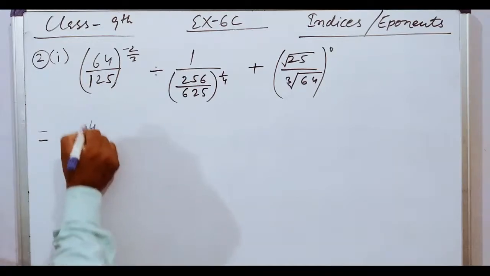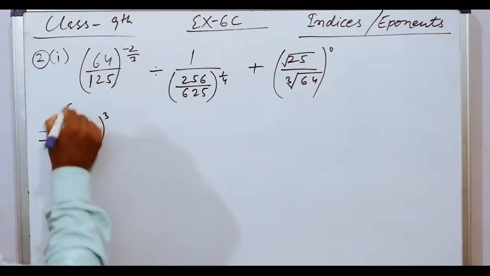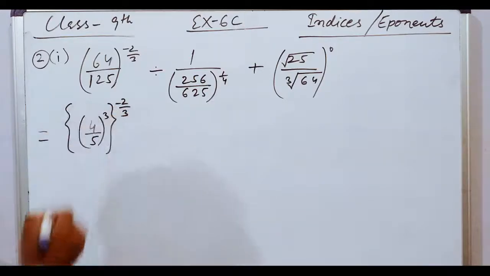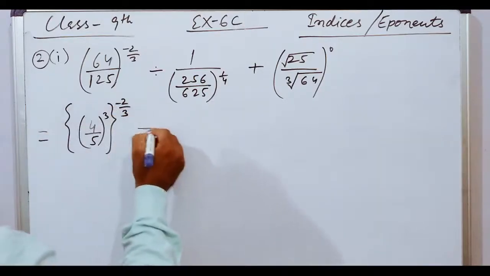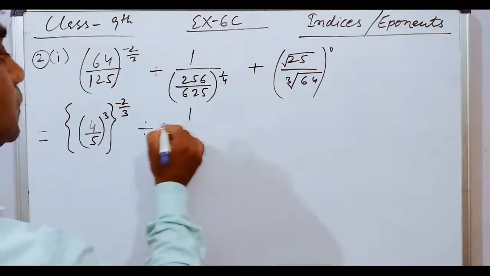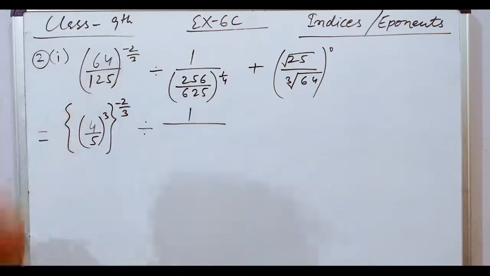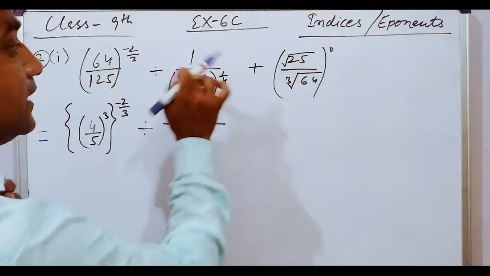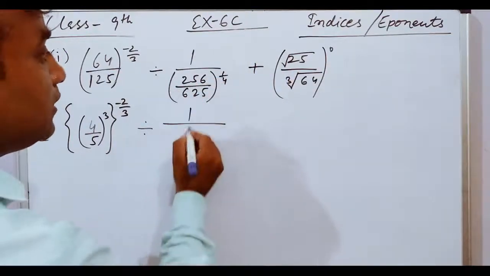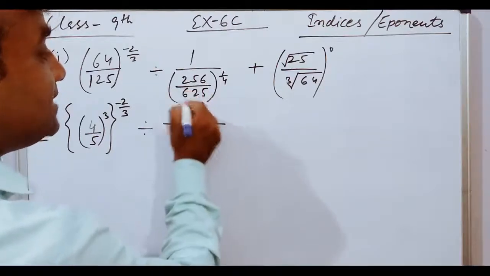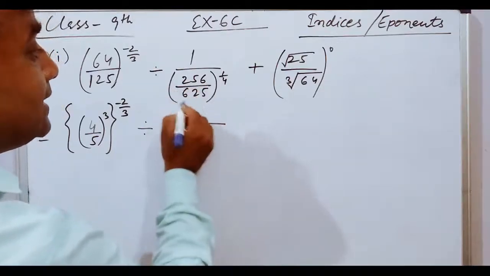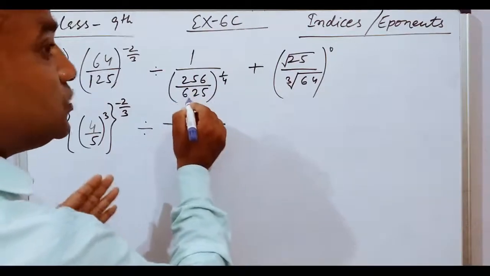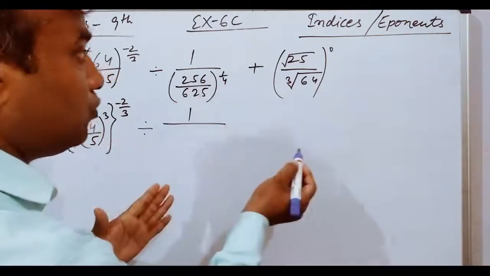So, we can write this as 4 upon 5 whole power 3 to the power minus 2 upon 3. Now, it is divided by 1 upon 256. When you factorize this, it is 4 to the power 4, and when you factorize 625, you will get 5 to the power 4.